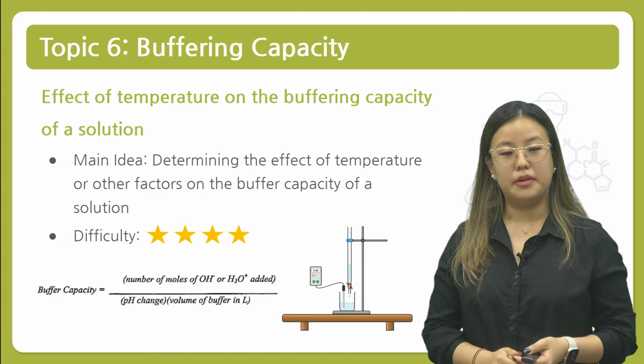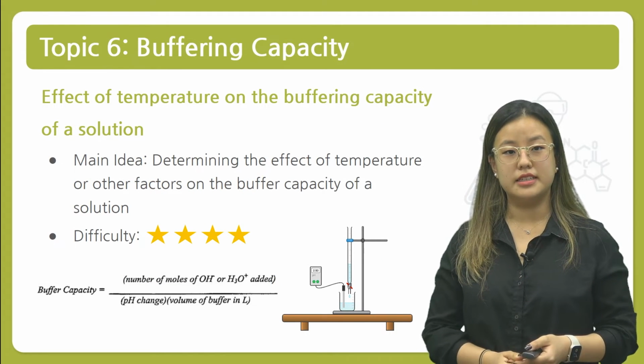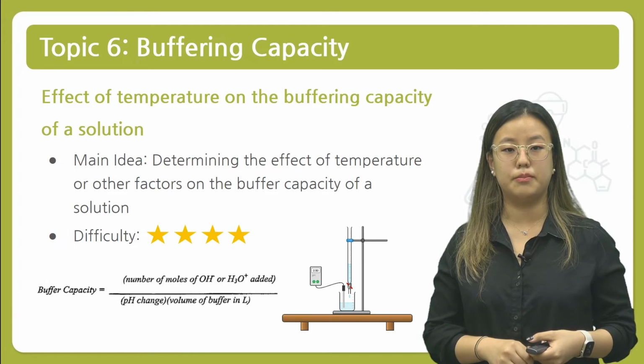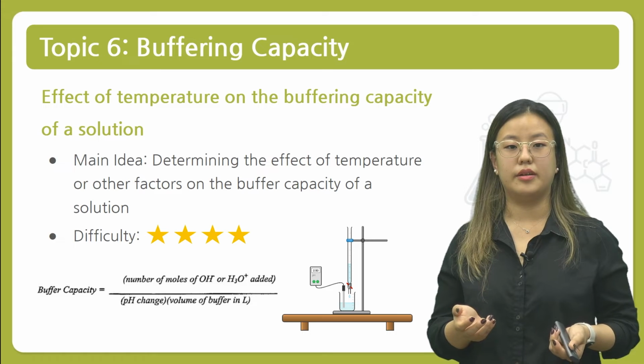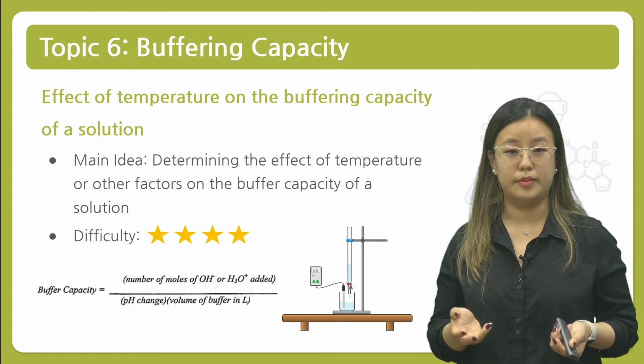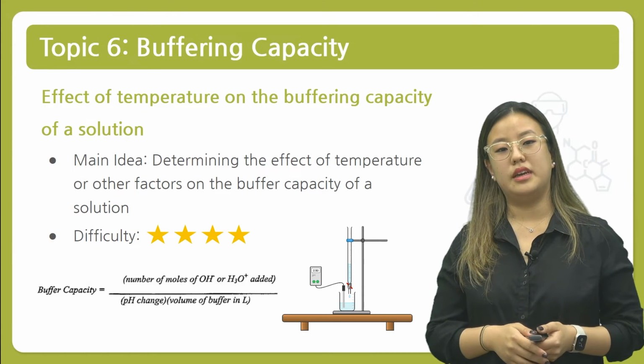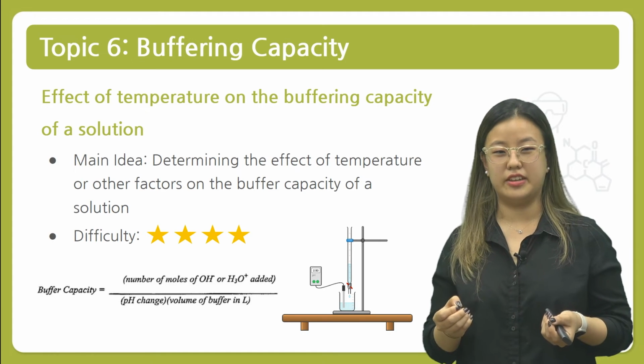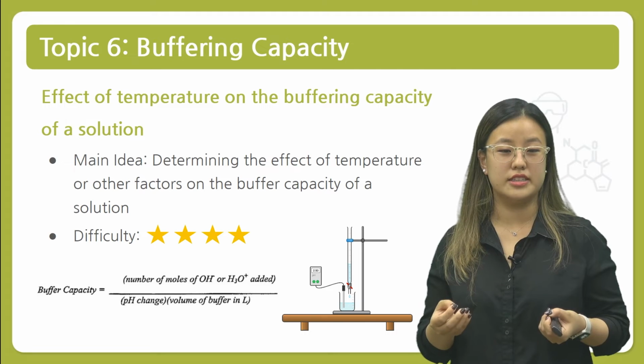The second to last topic is to determine the buffering capacity of a solution. The main idea is to determine the effect of temperature or other factors that buffer capacity can depend on. This can be a bit of a tricky topic as buffer capacity is not explicitly stated in the chemistry syllabus, so it's a new concept.